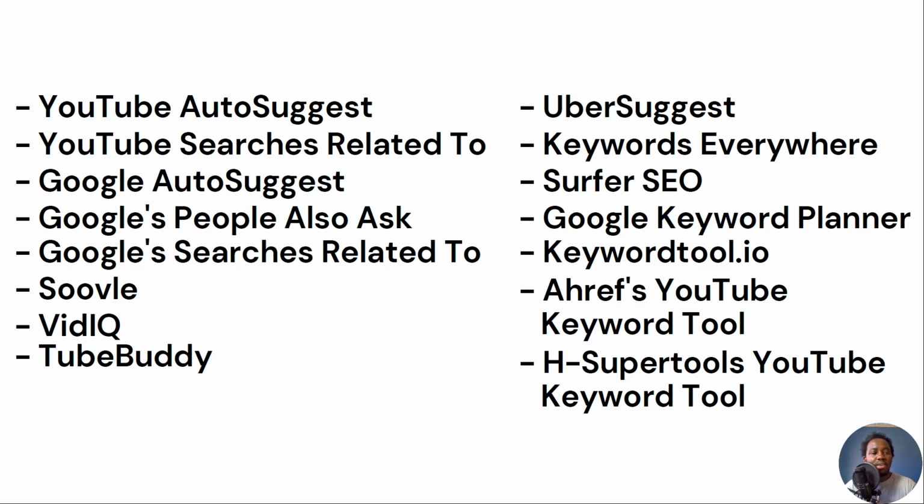We also have a website called Soovle. We have VidIQ, TubeBuddy, UberSuggest, Keywords Everywhere, Sapphire SEO, and for example, VidIQ, TubeBuddy, UberSuggest, Keywords Everywhere, and other extensions. They help give you the metrics of how many people, guesstimation of how many people are searching for the different topics that you're working on, or even keywords that you are trying to find.